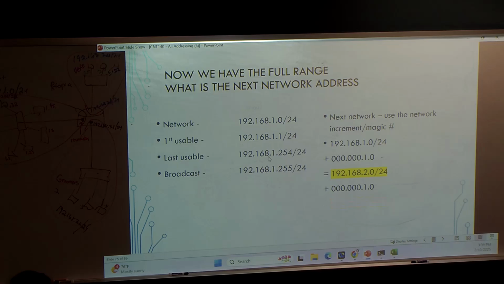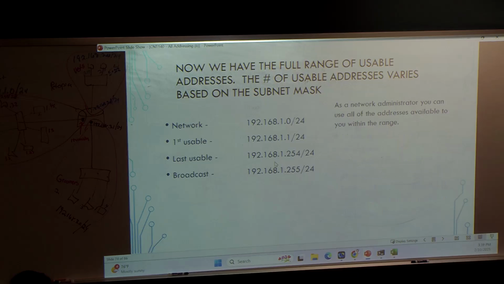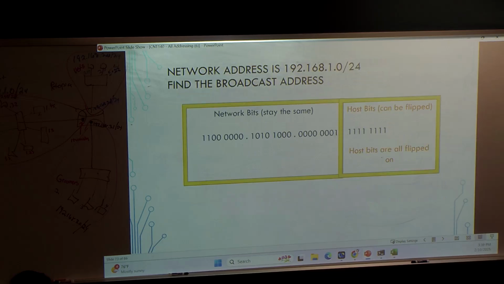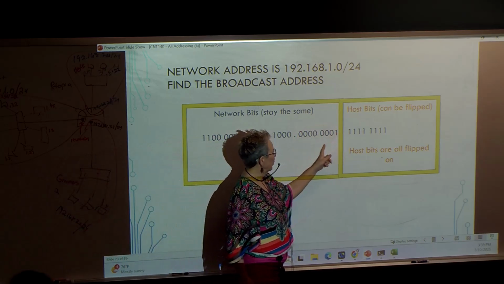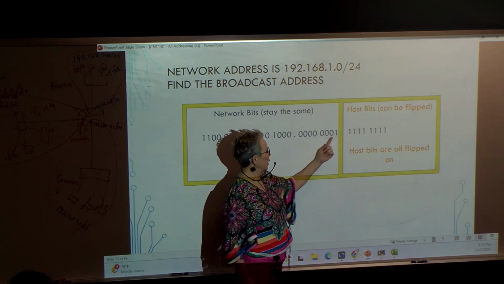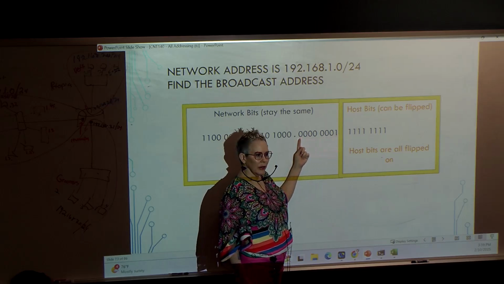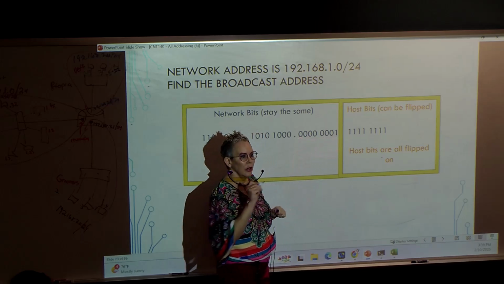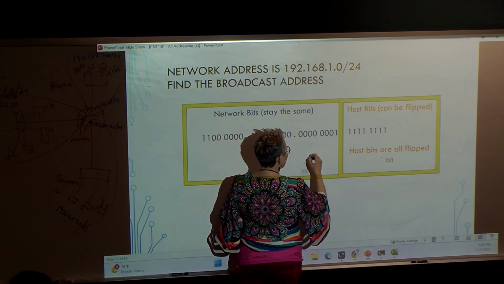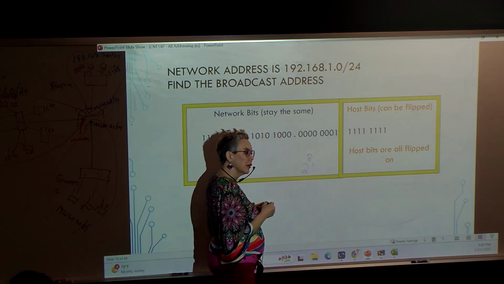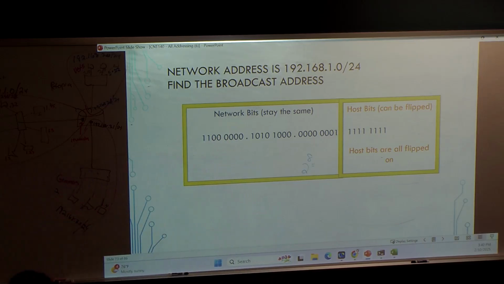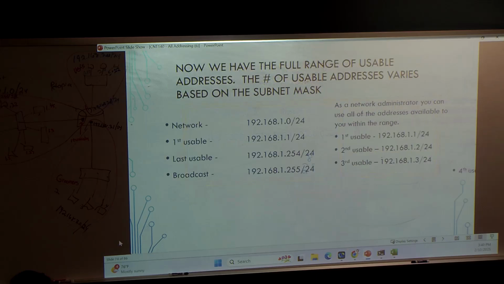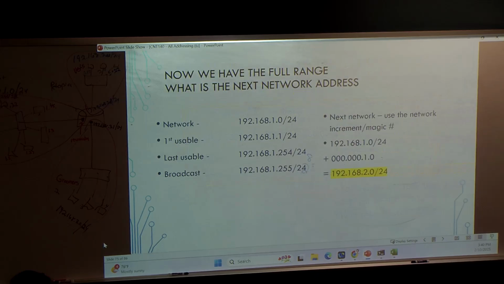If I go back here and I look at this, this is my last octet with network bits, right? And are these all network bits? So what do I do? 2 to the power of 8, which equals 256. So imagine, when we're doing the networks, I've got the .3.